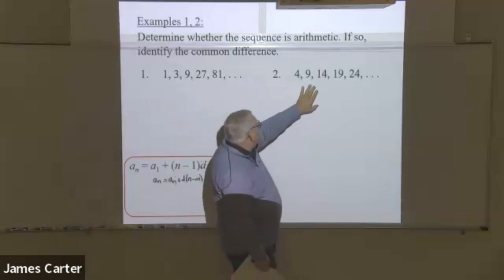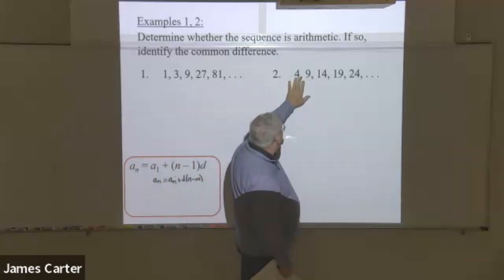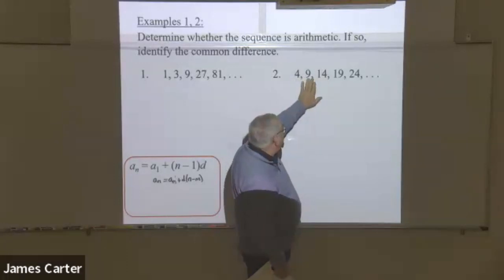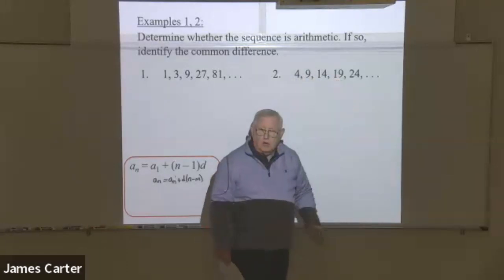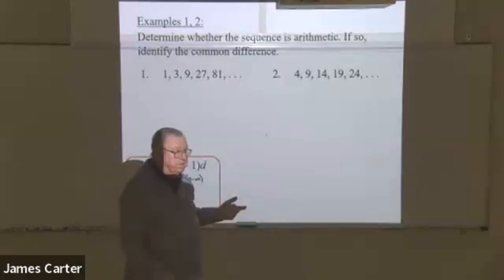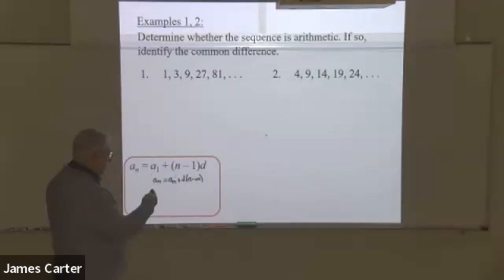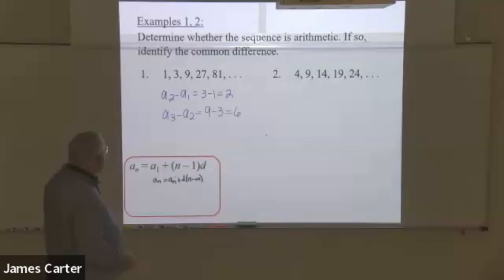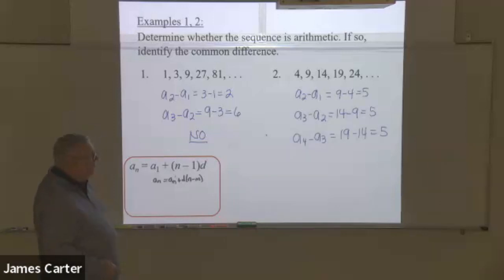This one, on the other hand, 9 minus 4 is 5. 14 minus 9 is 5. 15 minus 14 is 5, and so on. So we have a common difference of 5. Here's the arithmetic showing those. That one is not, and this one is, and our common difference is 5.